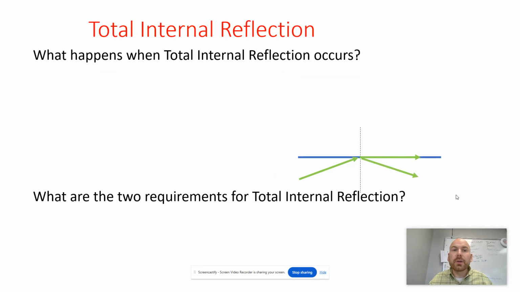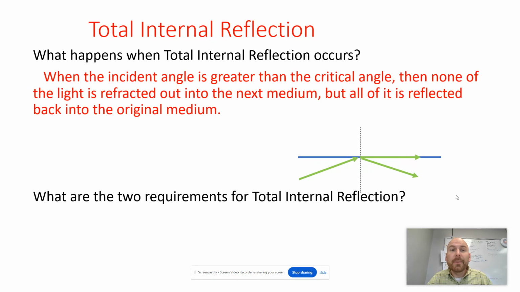So what happens when there's total internal reflection? This is where the incident ray cannot leave the first medium because the critical angle was exceeded. So the incident angle is greater than the critical angle, and all of that light bounces back, totally internally reflected.